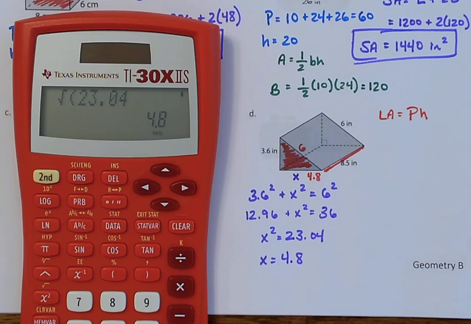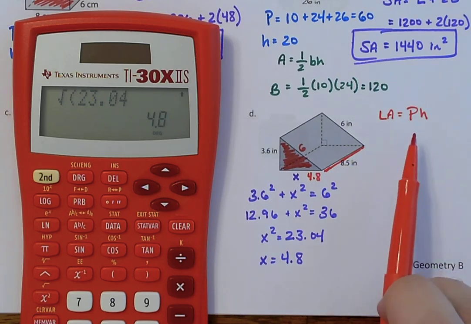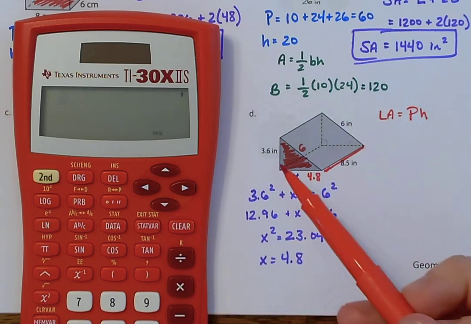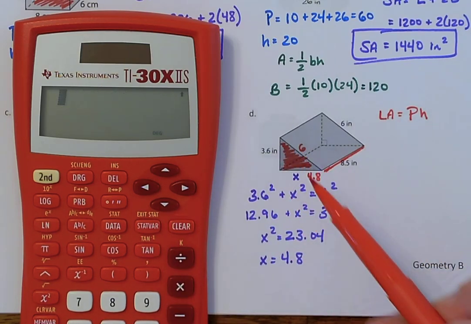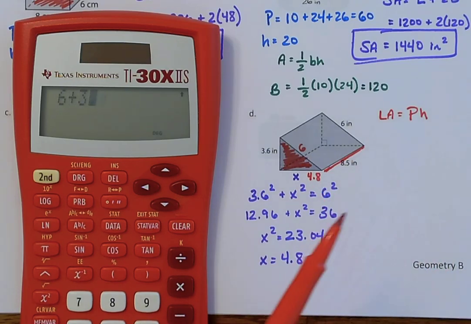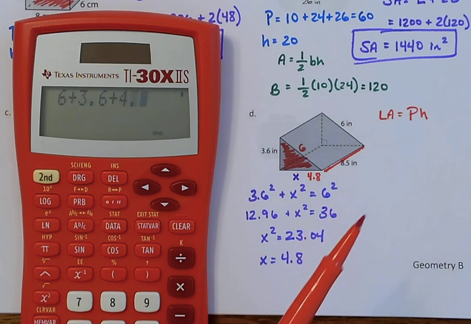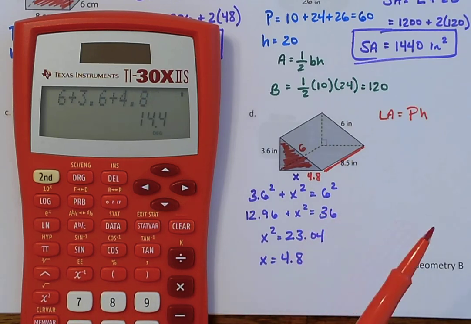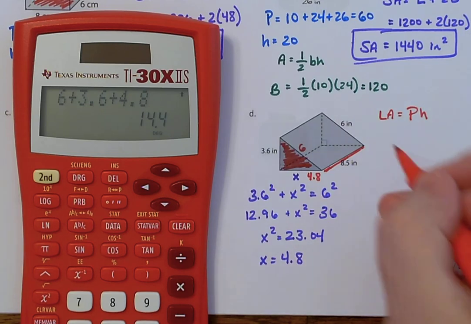So I now know all three sides of my base, so I can figure out my perimeter by adding 3.6, 6, and 4.8. If we do 6 plus 3.6 plus 4.8, we get 14.4.